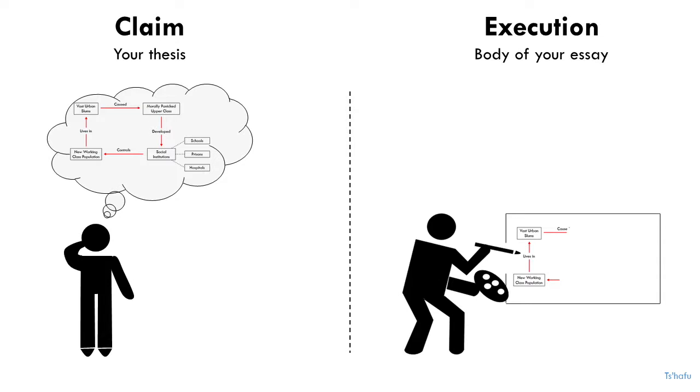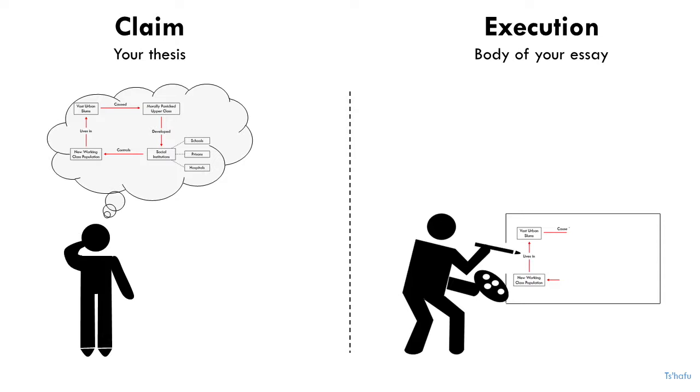Oftentimes what happens, even when we assume that your thesis is clear, that is, you have in your imagination a very clear picture of what it is you're trying to paint, even in that instance, there are still problems that we introduce when we try to actually paint it.